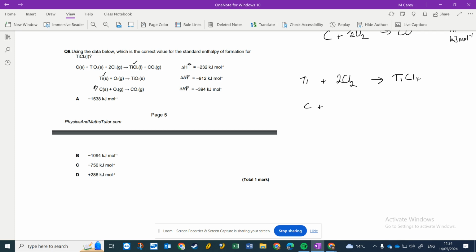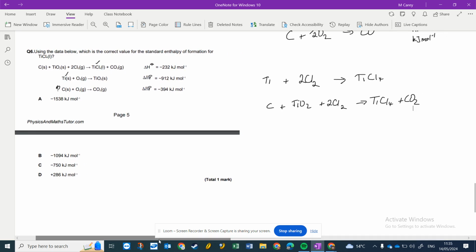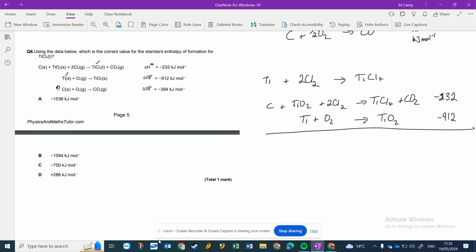C plus TiO2 plus 2Cl2 gives TiCl4 plus CO2. So that's minus 232. And then we're going to add Ti plus O2 giving TiO2 to it. It's minus 912. So we add those, we can cancel those out.